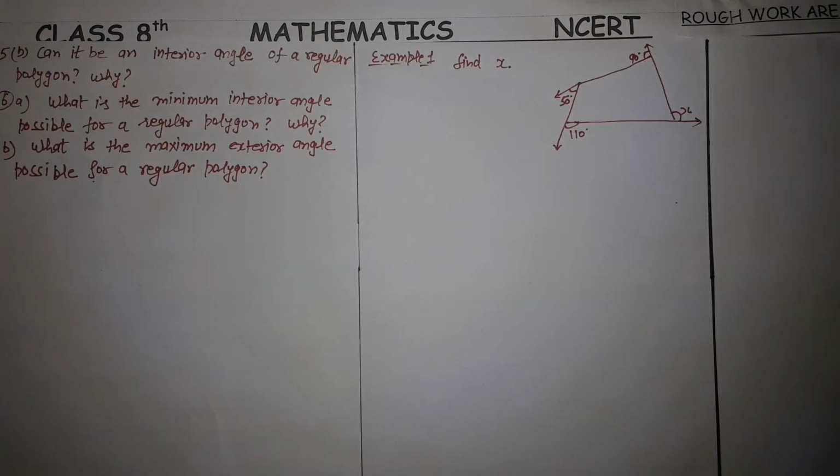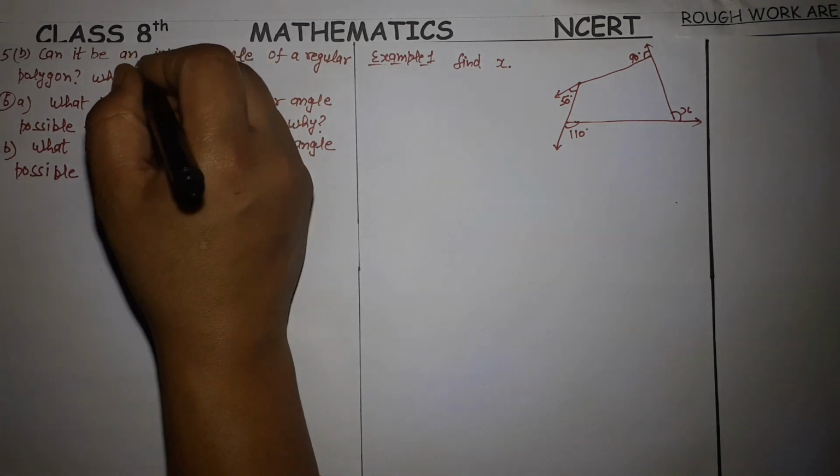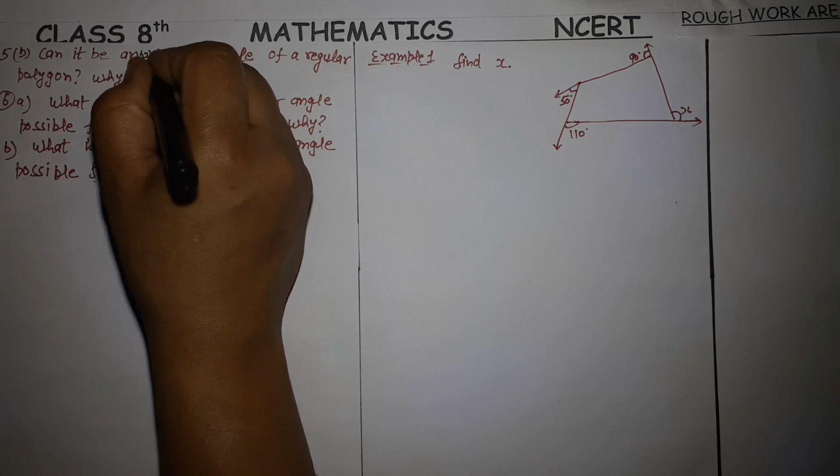Now the next, that is fifth B. Can it be an interior angle of a regular polygon? Why? Interior means to say an interior angle of 22 degree.